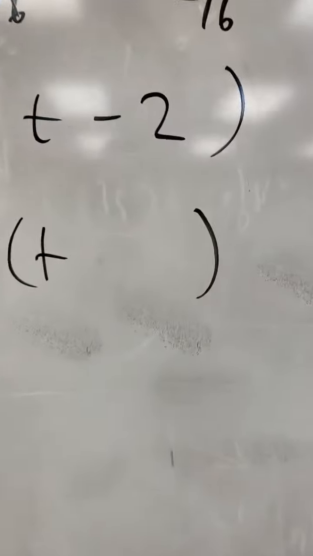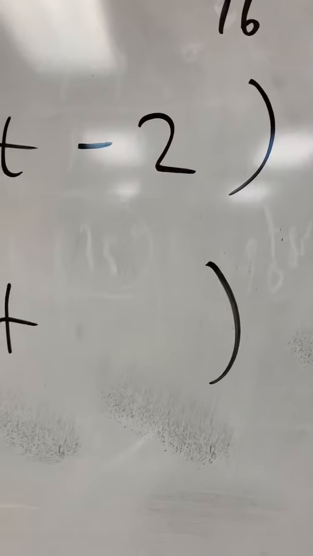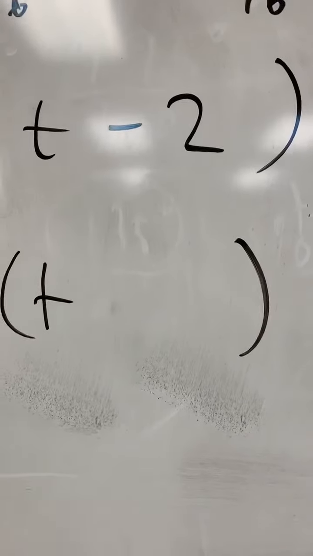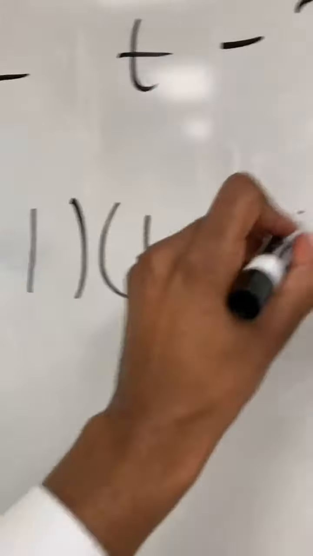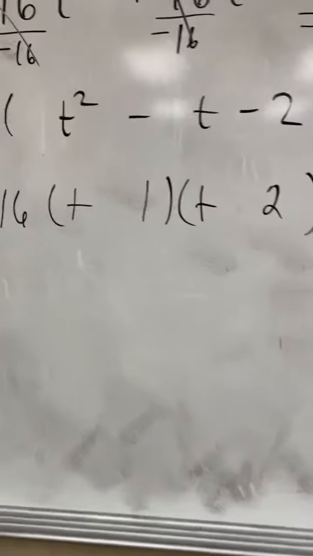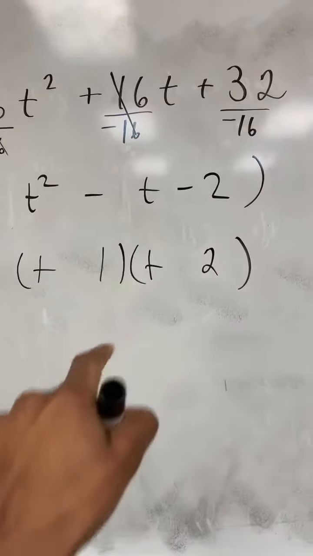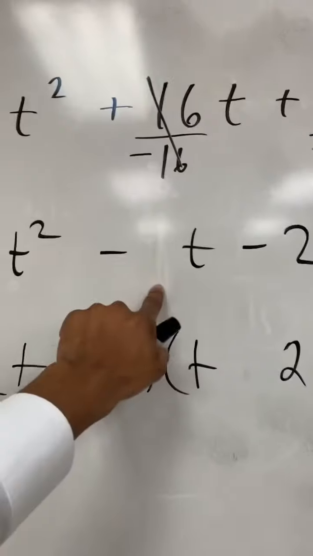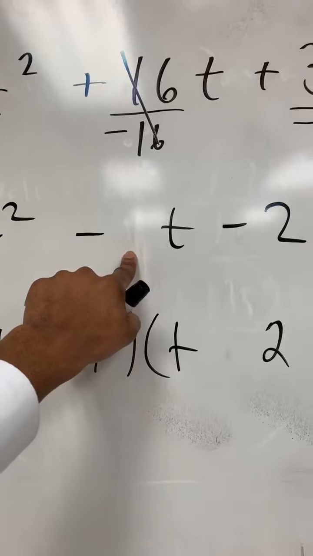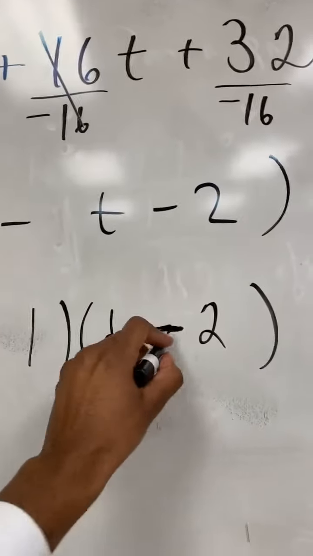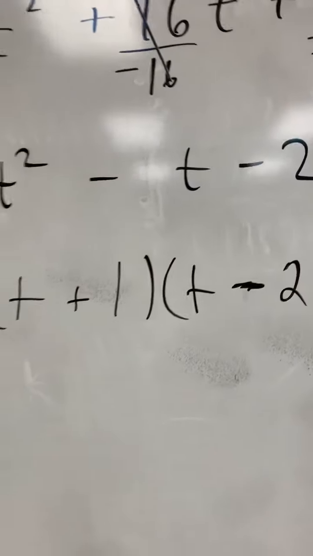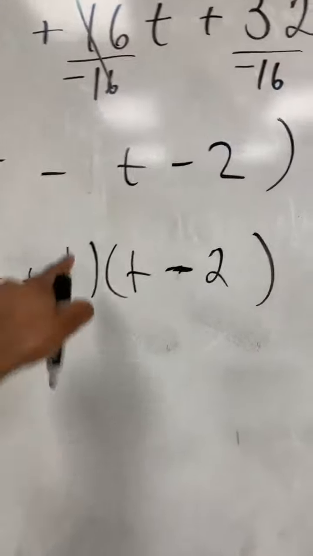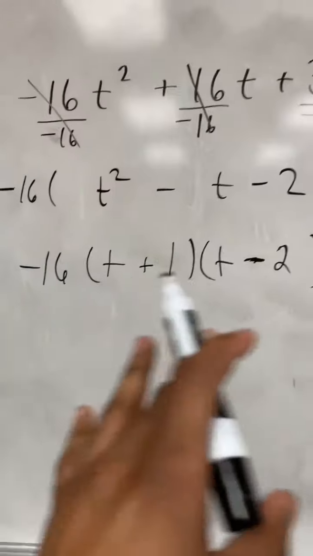The fact that we're using the number 2 is pretty easy too because you only have one option, and that's 1 times 2. So I have a t times t, and I have a 1 times 2. Now that's when we have to think about the middle term of a negative 1. If I put a negative on the 2 and a positive on the 1, then what I have is a negative 1. So these are now my factors.